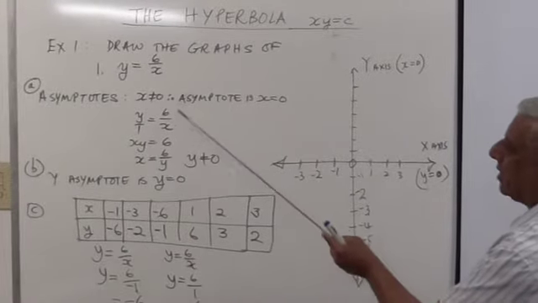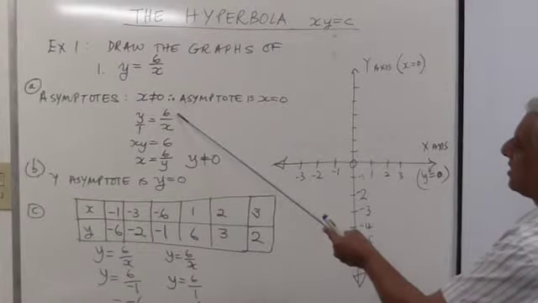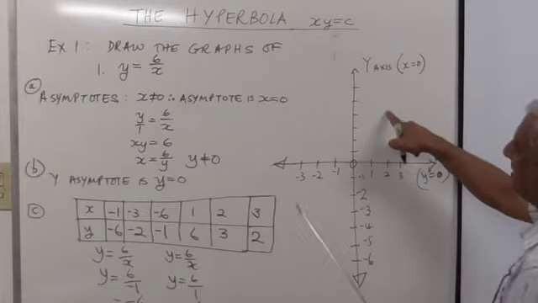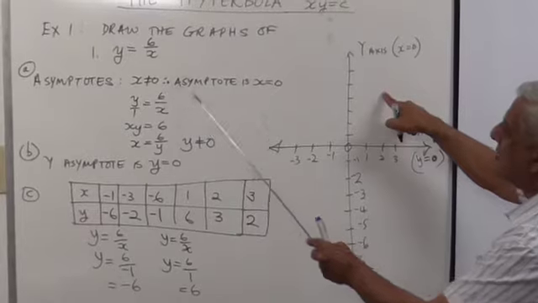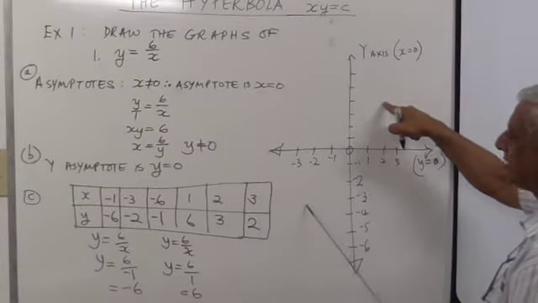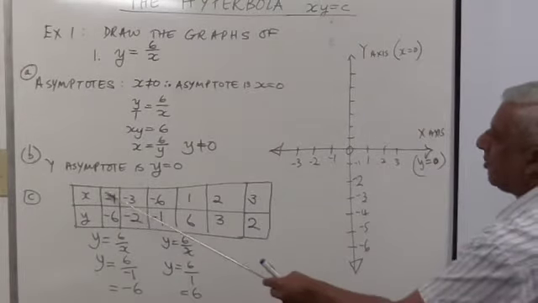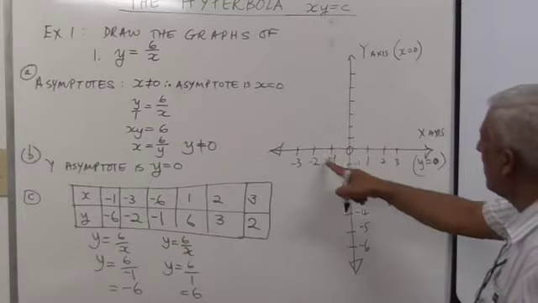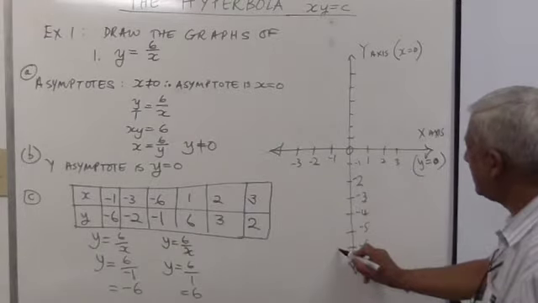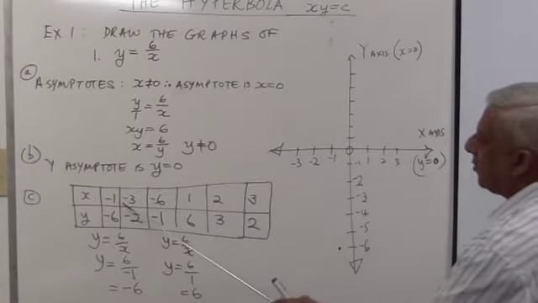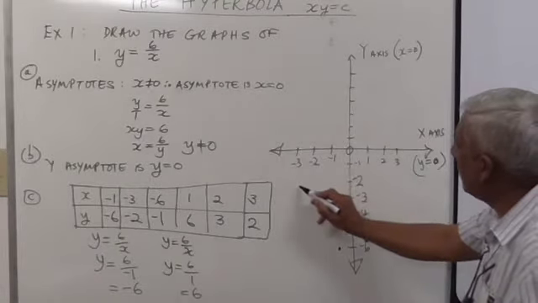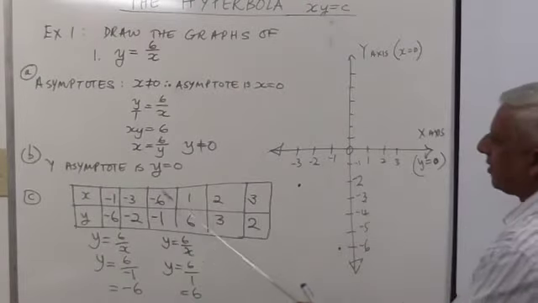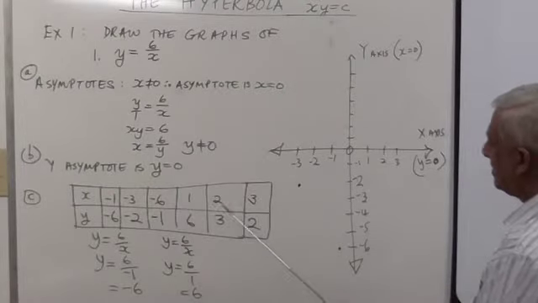Now you plot your points. -1, -6. Firstly, when you saw this was 6, you should know the answer is going to be here and here, because the numerator is positive, so it will be first and third quadrant. But anyway, let's see what happens. -1, -6 is here. -3, -2. -6, -1.